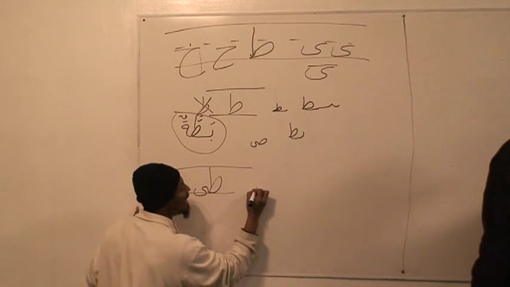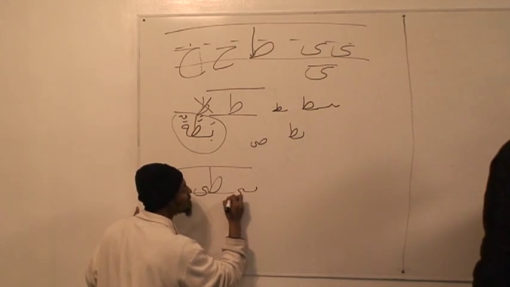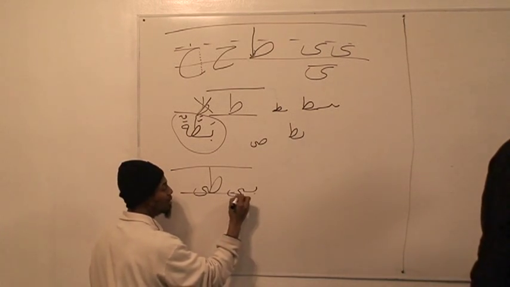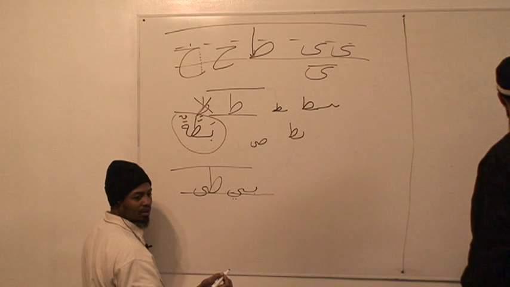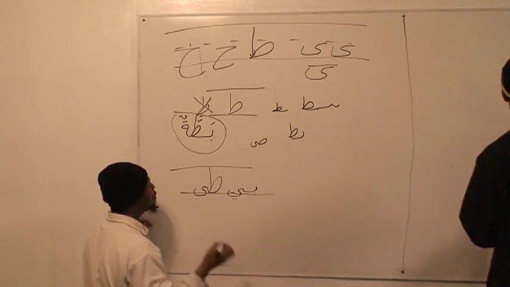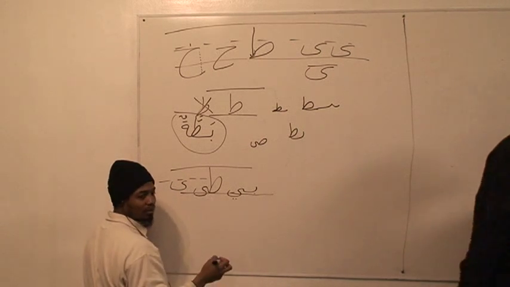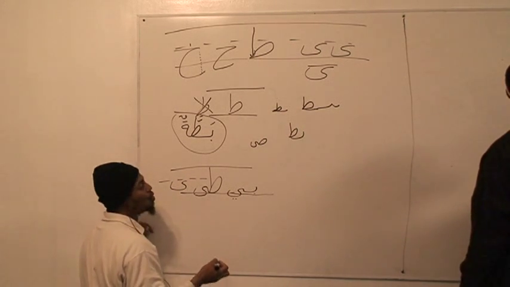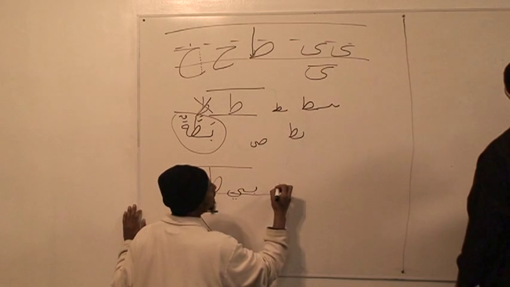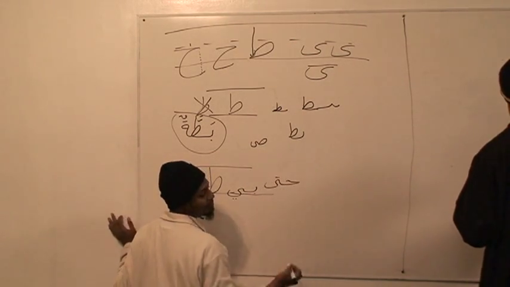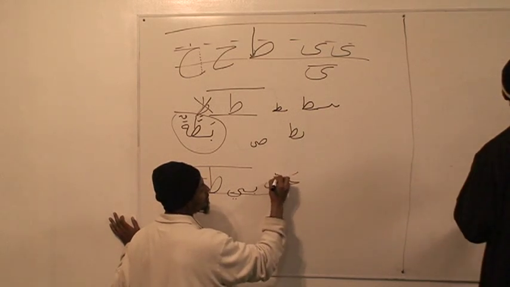If I'm writing a ba, same thing. By itself, it's on the line. Or if you write a word like hatta, hatta. You see that?